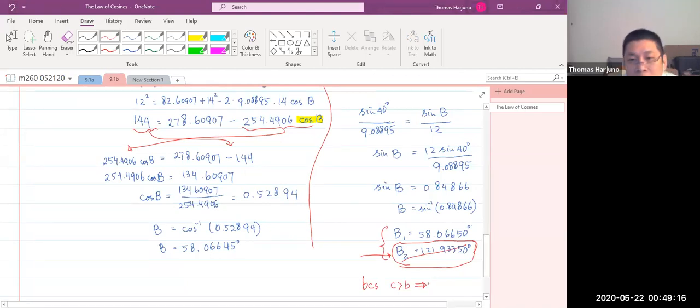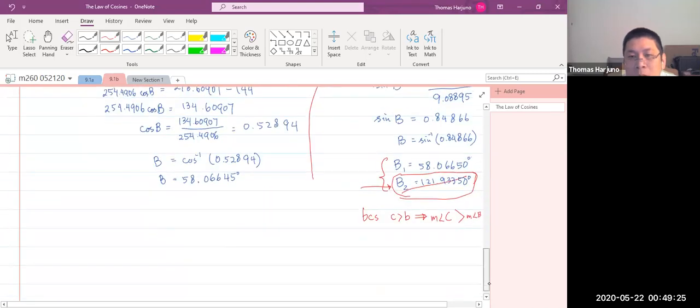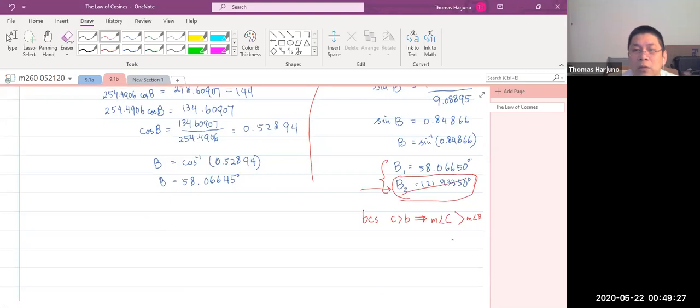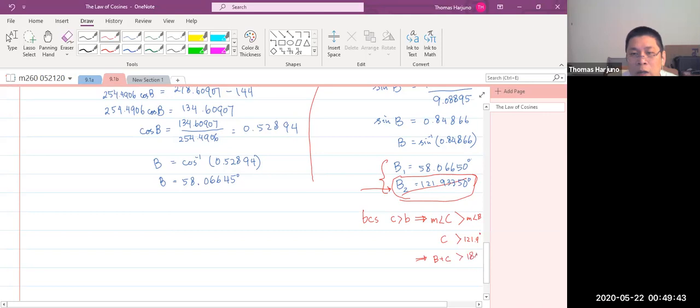So the measure of angle C will then be greater than the measure of angle B, right? But if the measure of angle B is 120 something degrees, then angle C is more than that. Consequently, angle B plus angle C will be greater than 180 degrees. Can you follow me, by the way?